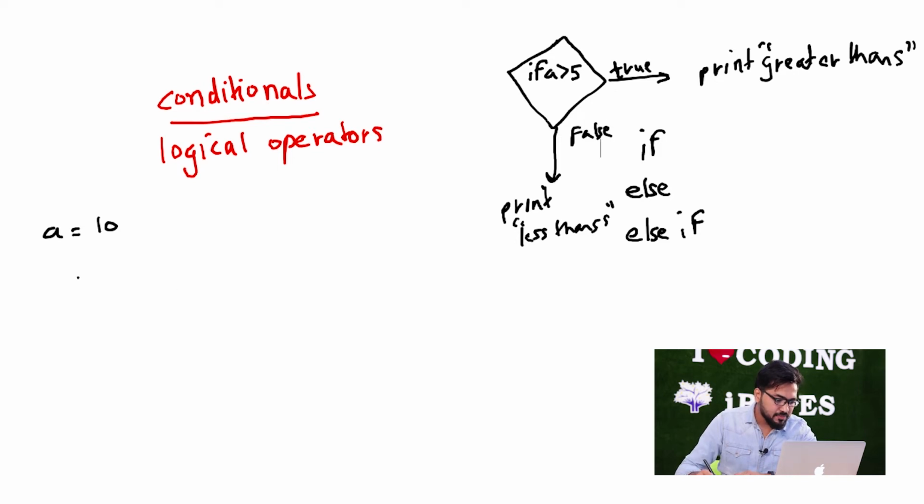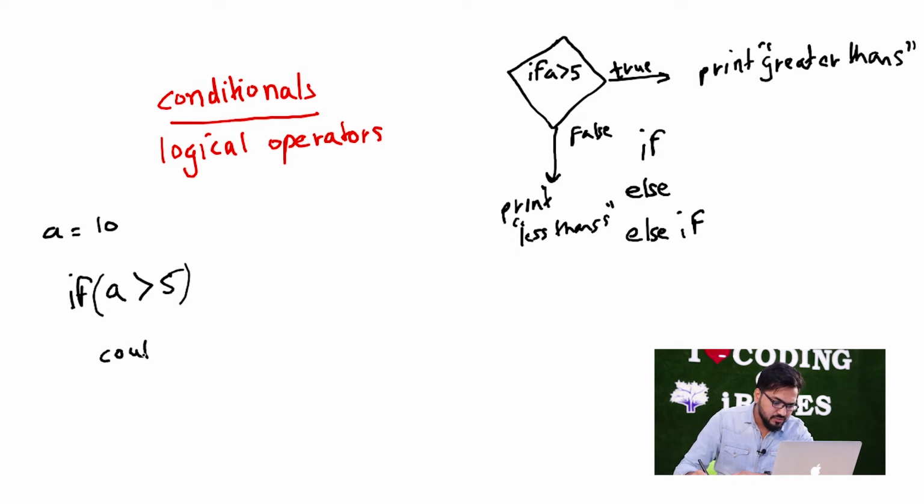So in C++ we will write something like this: if a is greater than 5, then we will cout this thing, else cout this thing. So this is as simple as that.